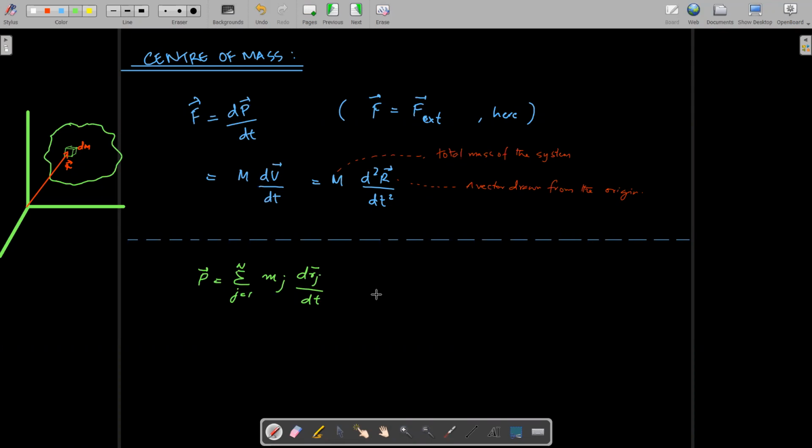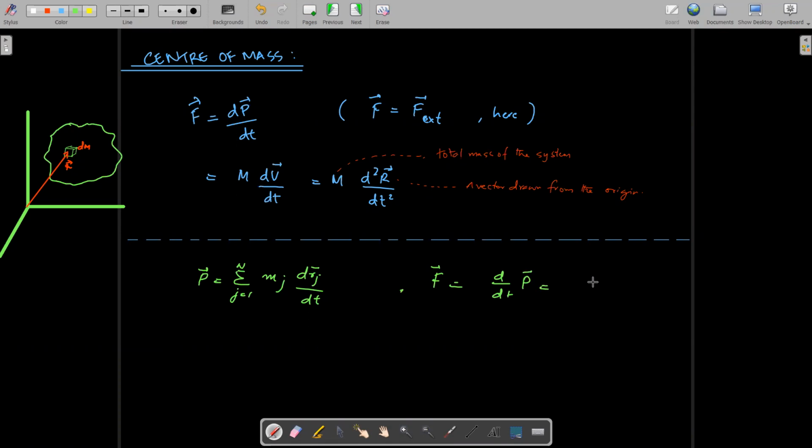ഓക്കെ, ഓരോന്നിന്റെയും P1 plus P2, this is equivalent to writing P1 plus P2 plus P3, or m1 v1 plus m2 v2 plus m3 v3. അതിന് പകരം എഴുതിയിരിക്കുന്നതാണ് ഈ കുഞ്ഞു സാധനം, summation എന്ന് പറയുന്നത്. Or we can write force as d by dt of this P, right?